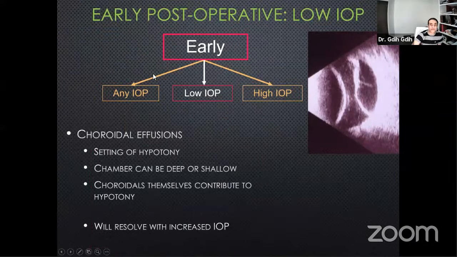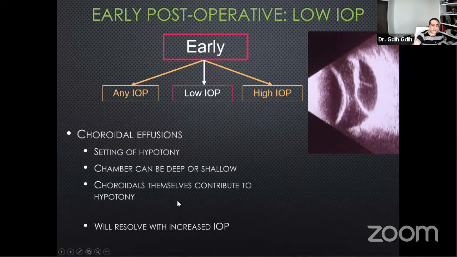Okay, now early low intraocular pressure also can be choroidal effusion in the setting of hypotony. The chamber can be deep or shallow, can be either way. Choroidals themselves contribute to hypotony, and will resolve when intraocular pressure increases.